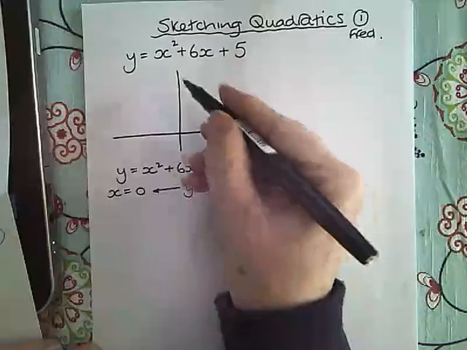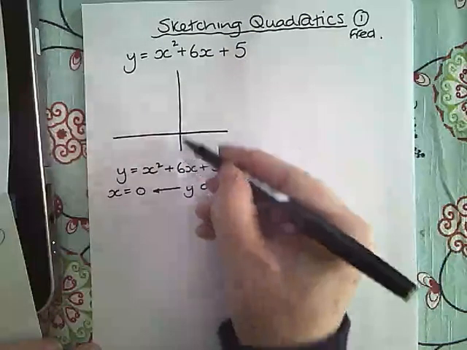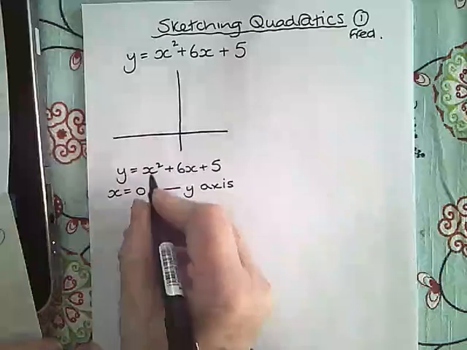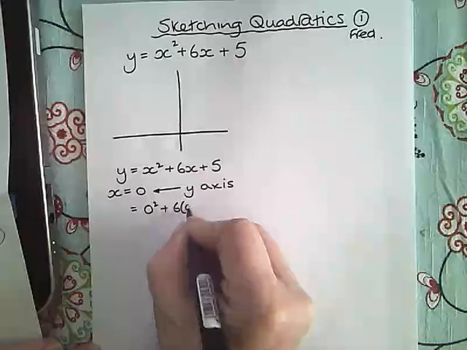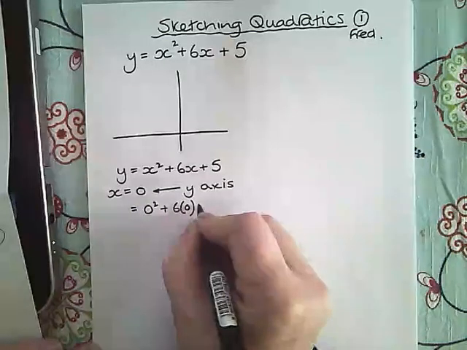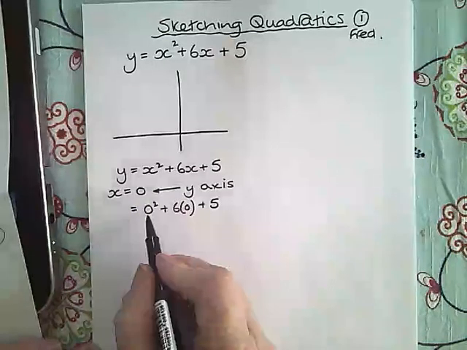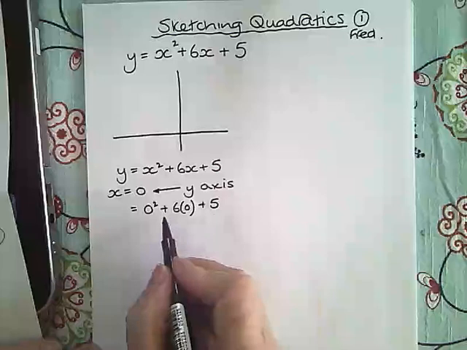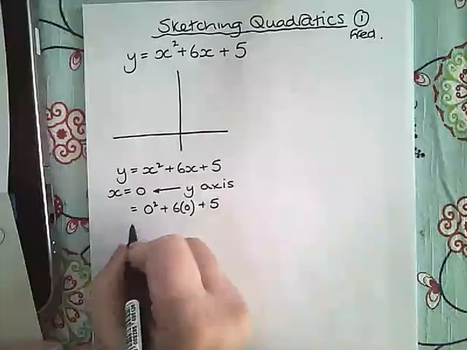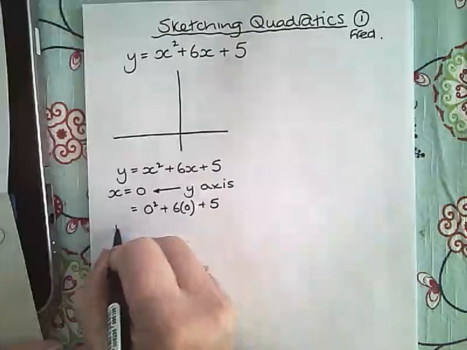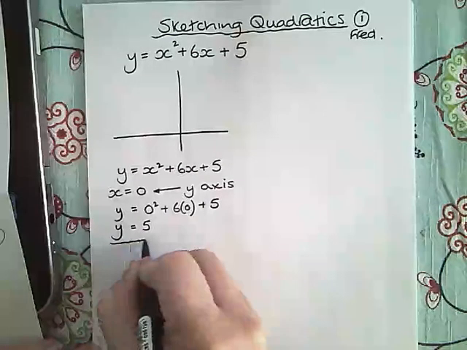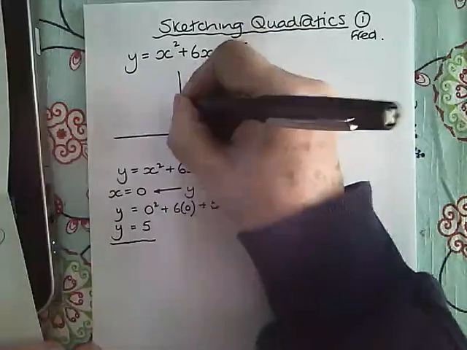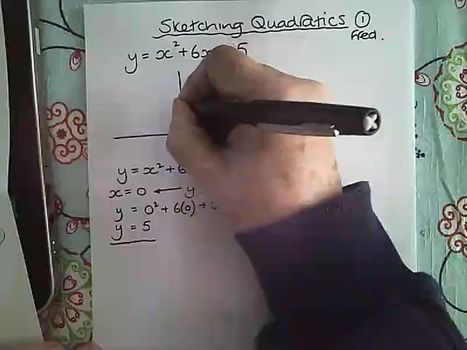So we have 0 squared plus 6 lots of 0, add 5. 0 squared is 0, 6 lots of 0 are 0, plus 5, y is equal to 5. This gives us one of our first points. Here, y is equal to 5, positive 5.